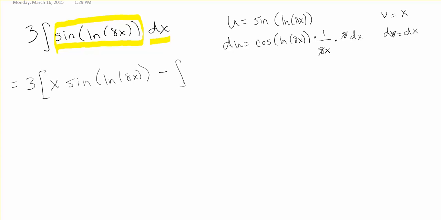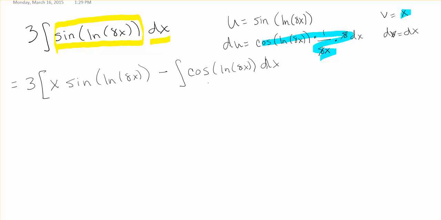Notice when you multiply v, which is x, times du, which is all of this, the x will cancel, and that's what you're going for. You're going to get the cosine of ln of 8x and then just the dx, because the 8's canceled before and the x's cancel when you multiply.